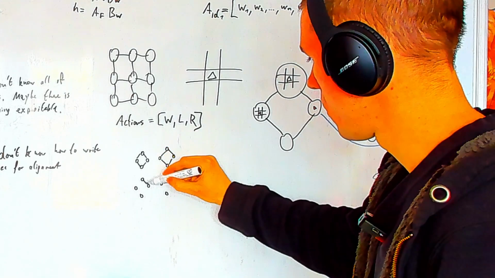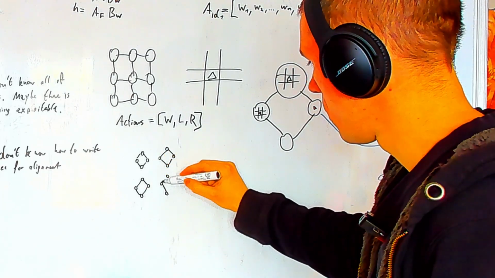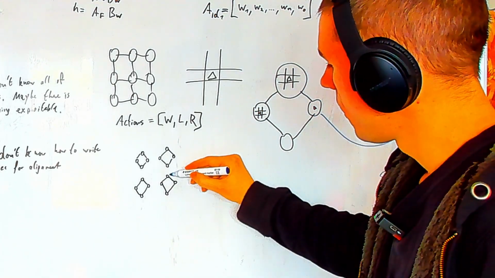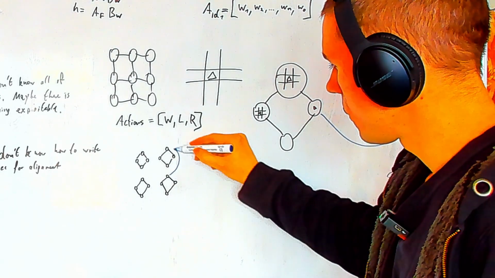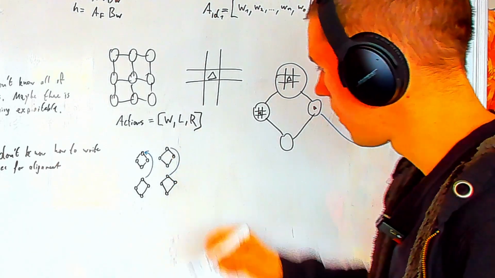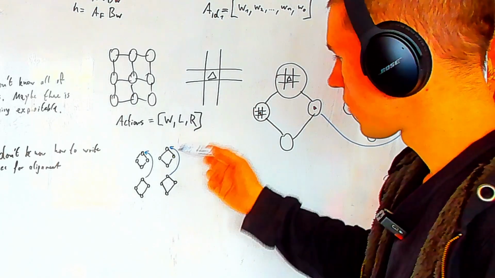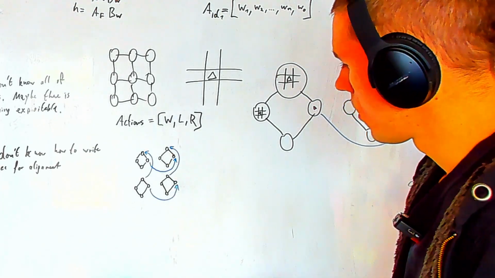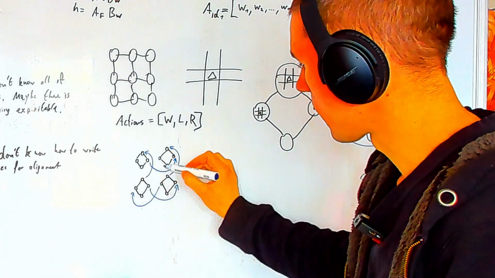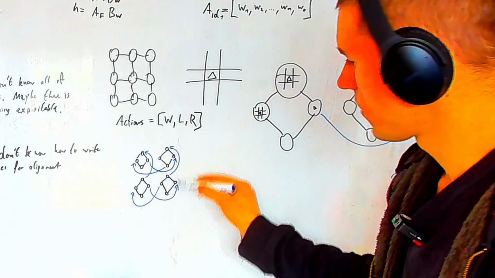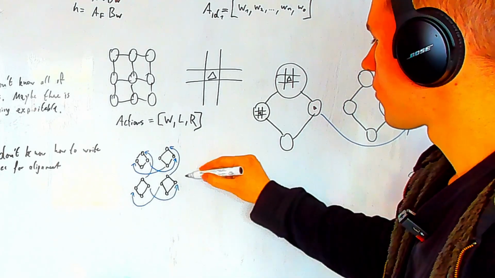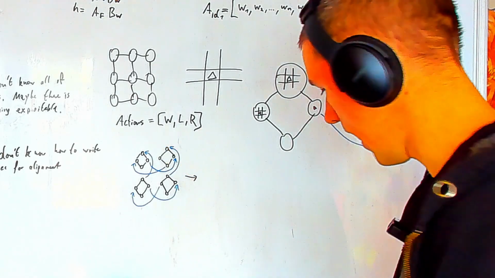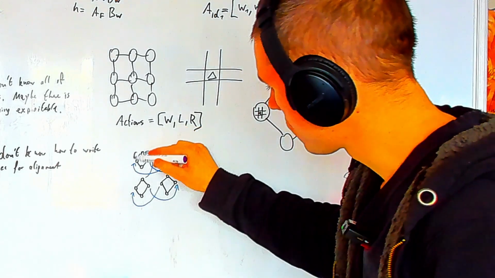Yep, makes sense. So now we can detect the structure we have over here, that these things are repeating, and then turn this graph into another graph which has these things as the nodes.